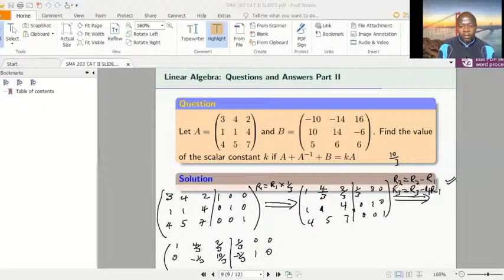Now, I want to get the new row 3 from row 3 minus 4 times row 1. This one times 4 is 16 out of 3, which I'm subtracting from 5, and I get a third.